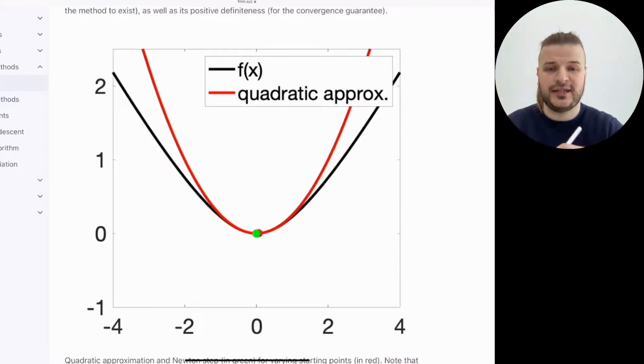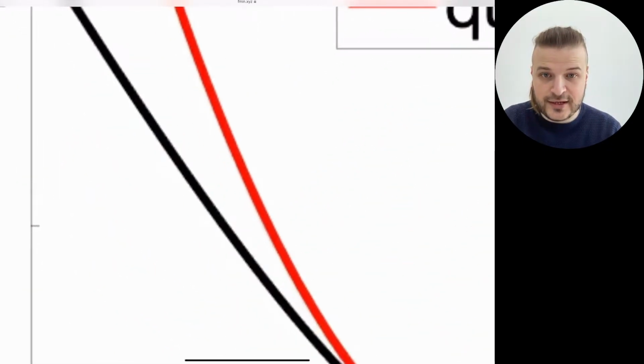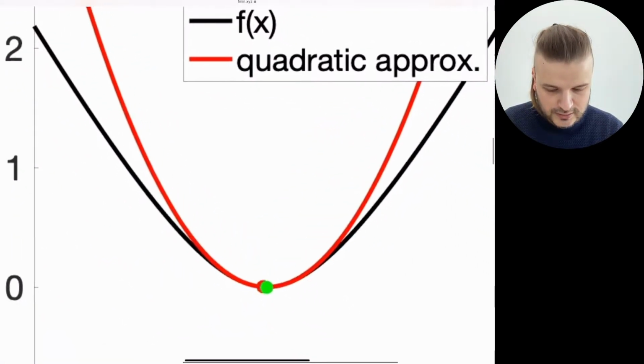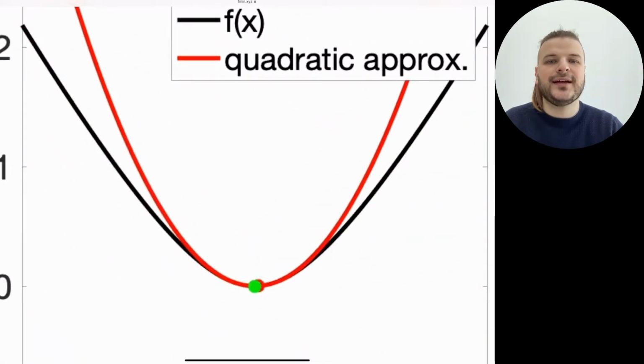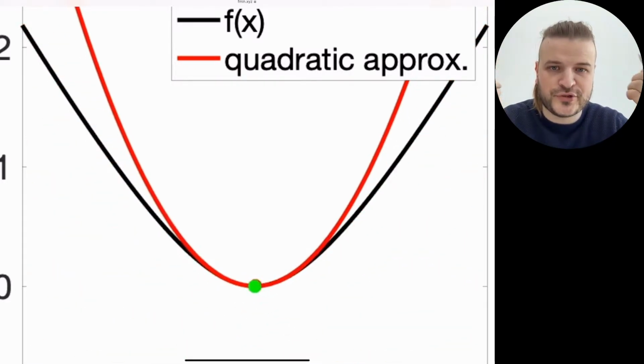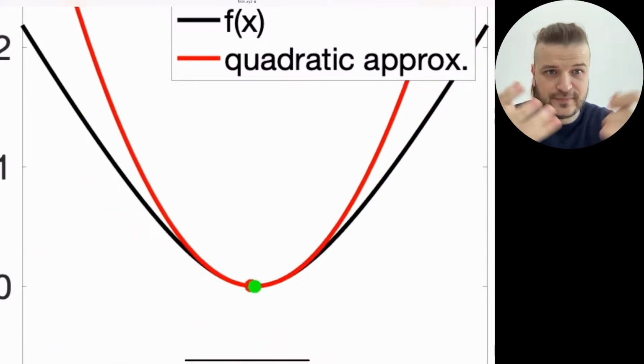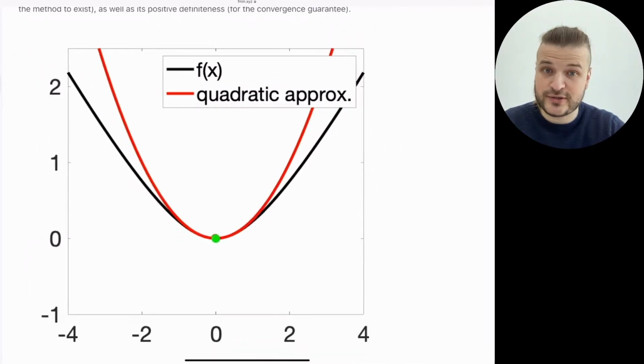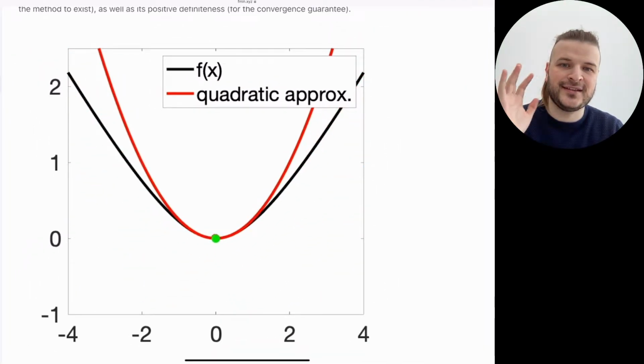You can even see that if you are somewhere here at this wall of your function, the new point will be higher in terms of the function value itself. That's again bad. But the function is convex.